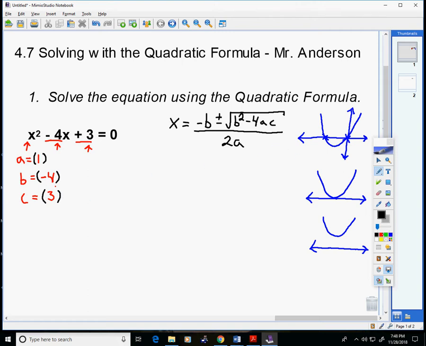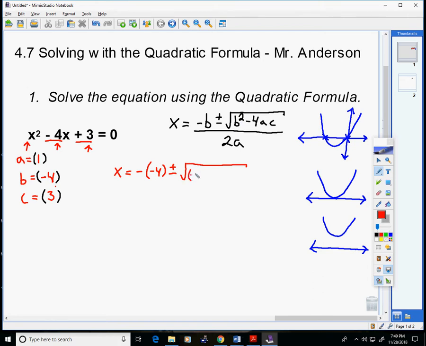The next step is that I will rewrite this quadratic formula just with the substitutions, replacing the b's with parenthesis, negative 4, parenthesis, and so forth. So it'll look like this. X equals negative, b is negative 4, so parenthesis, negative 4, parenthesis, plus or minus the square root of b squared.